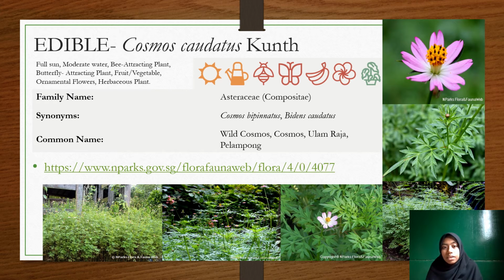The family name is Asteraceae, the synonym is Cosmos pinnatus, and the common name is Ulam Raja. I have attached the link that I referred to for all the information on this plant, and I attached some examples of the plant Cosmos caudatus Kunth.